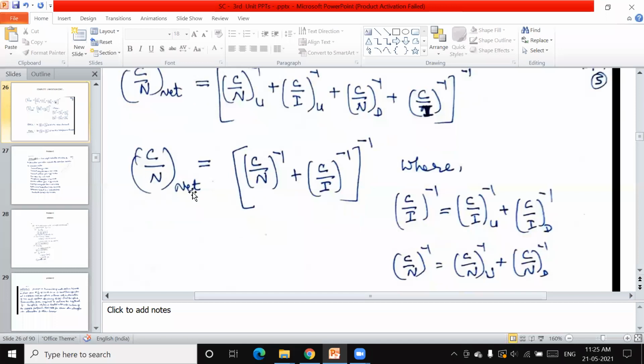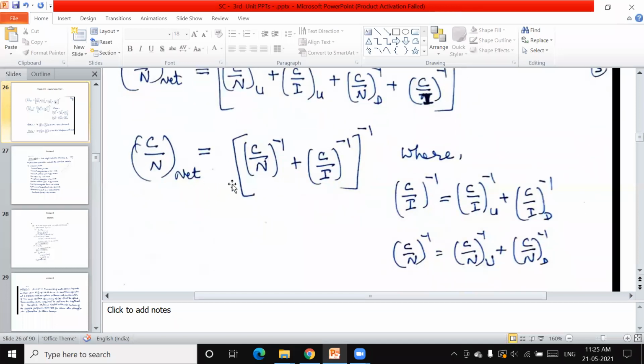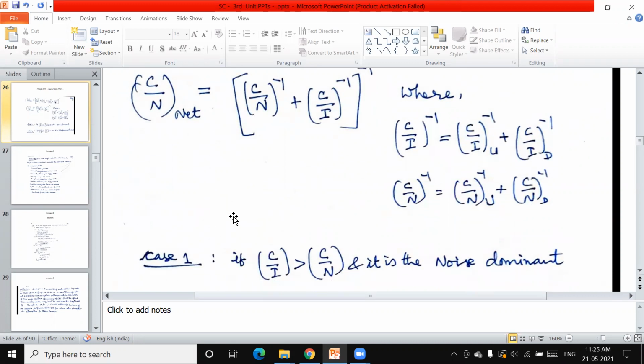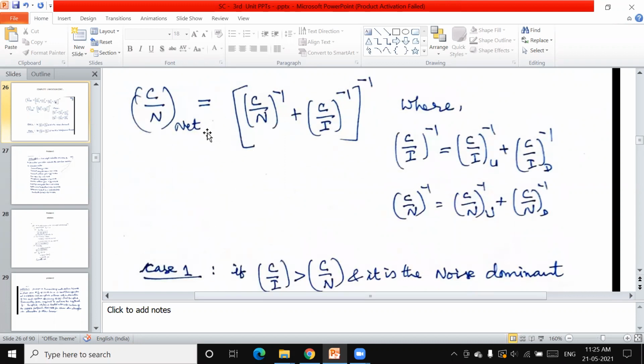So this will be the C by N net value. And now we have to consider two cases for this illustration. Please see this value: if we include the interfering signal into the carrier power, therefore into the satellite link, we consider C by N inverse plus C by I inverse.